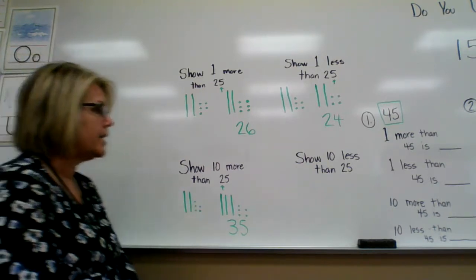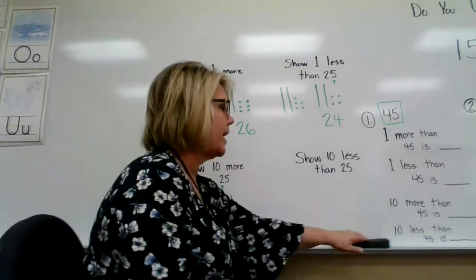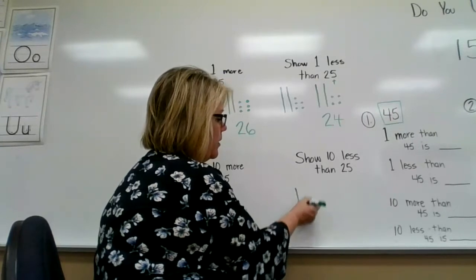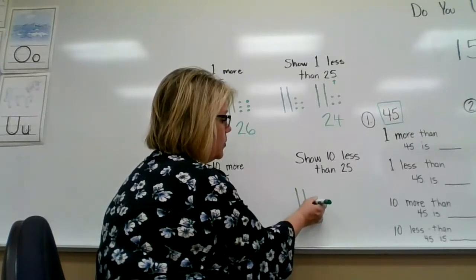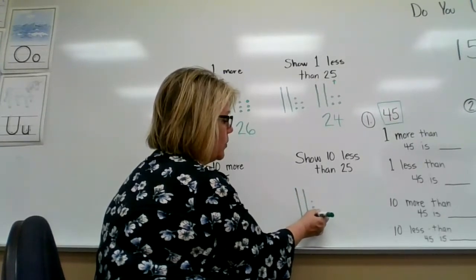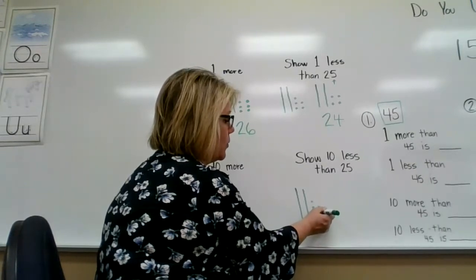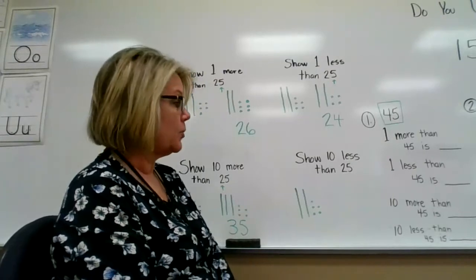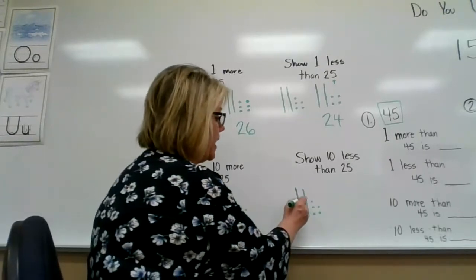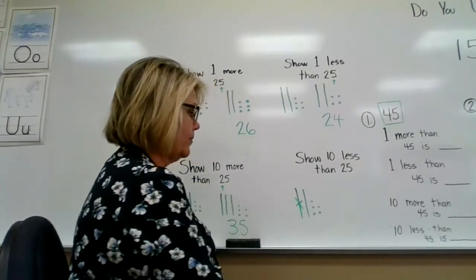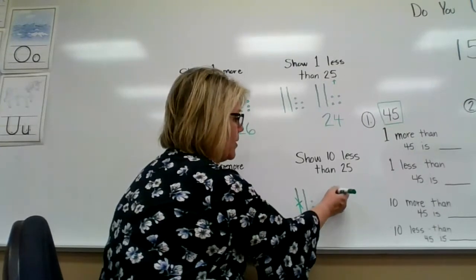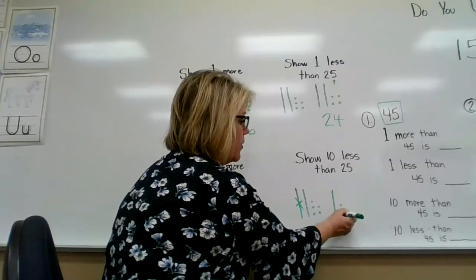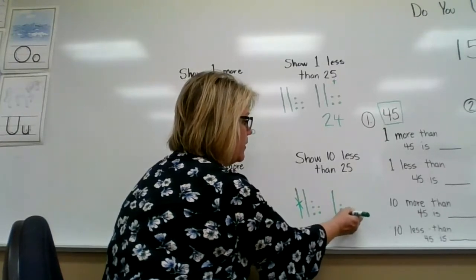To show 10 less, again, you can draw a picture. 10, 20, 21, 22, 23, 24, 25. I want to show 10 less than 25. That means I have to take a group of 10 away, which would leave me with 10, 11, 12, 13, 14, 15.